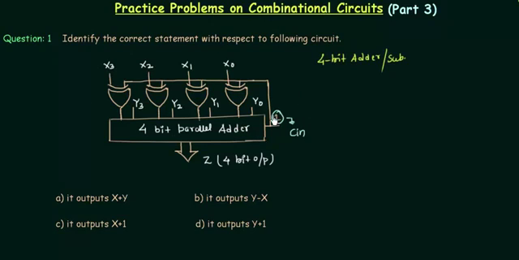So let's start our analysis with these XOR gates that you can see here. I'm having 4 XOR gates for the 4 bits here, and one of the input to this XOR gate is always 1. You can see this 1 is going in this XOR gate here and here. So what will happen to the output of this XOR gate, that we have to see now.